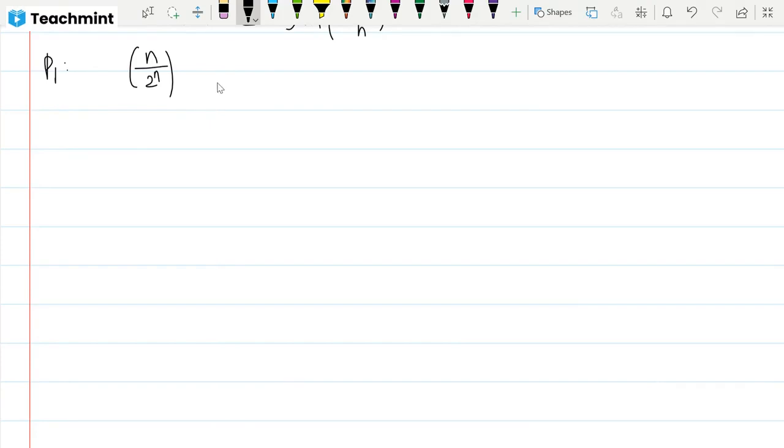This is our criterion for the present problems. So let xn equal n by 2 power n. Then you tell me what is xn plus 1. This is obviously n plus 1 by 2 power n plus 1. Right? Now we calculate the limit value. What is the limit L?